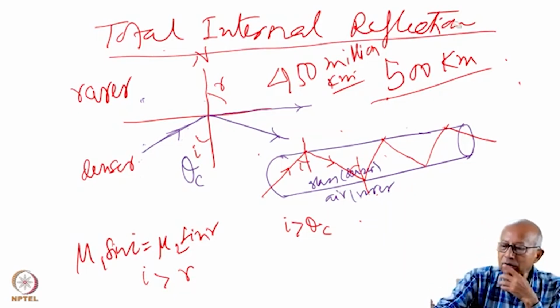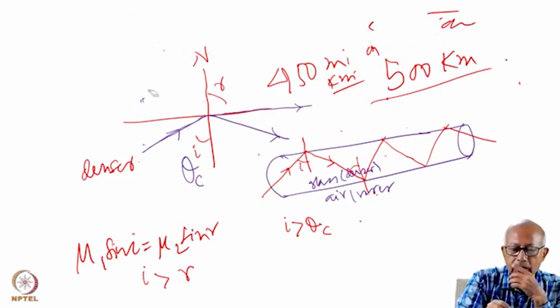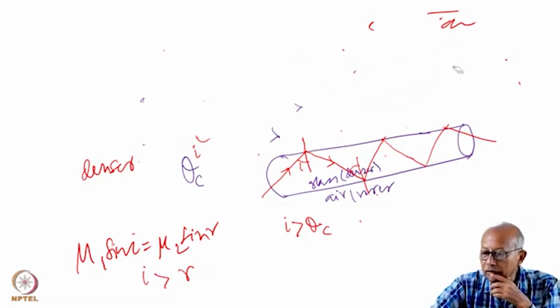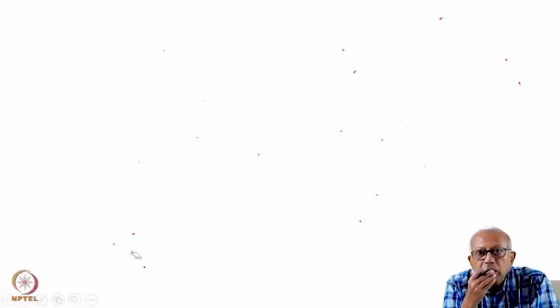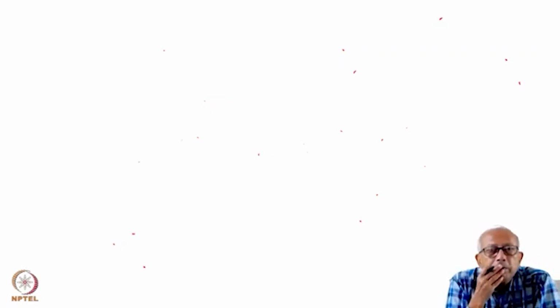Well, after this, we study another interesting phenomenon, which is called dispersion of light. Dispersion of light was first conceptualized, perceived by Isaac Newton.